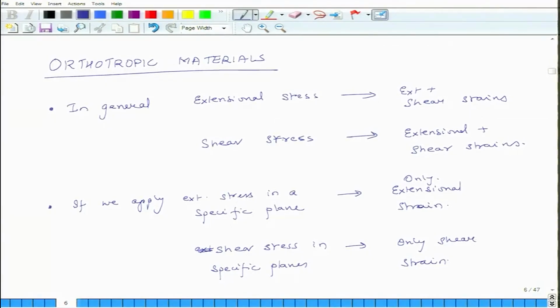So, generally they behave as anisotropic materials, but if the load happens to get applied in a specific plane, then you can keep on changing the orientation of the stress in that specific plane only, and it will behave as an isotropic material.